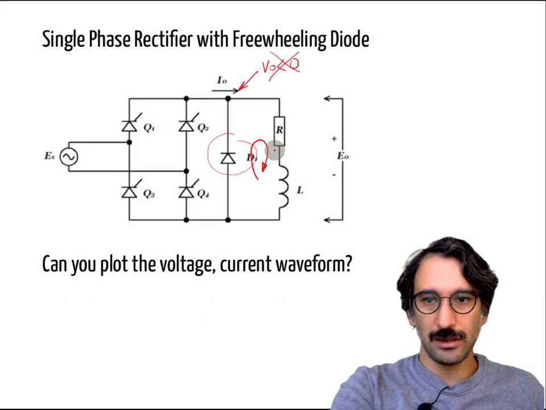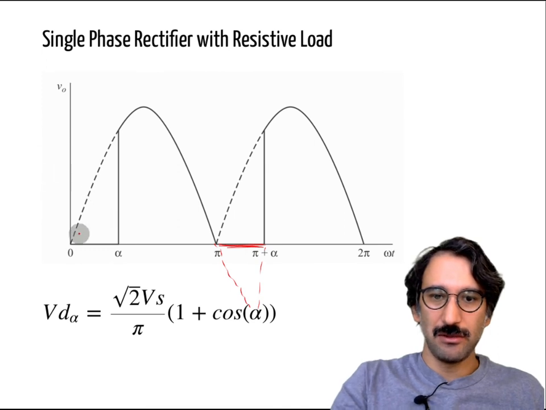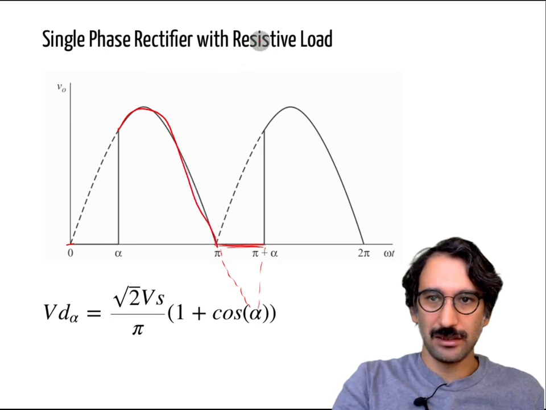Actually, I think I didn't put it here, but it will be the same with that one. So at first you will be operating until here. This is the freewheeling diode.